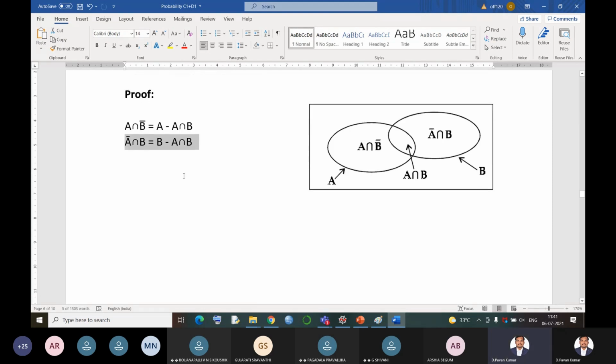So now, how many exhaustive events are there here? The total number of exhaustive events is n, this one. Now let's start with the statement here.